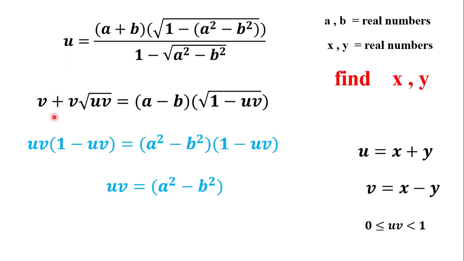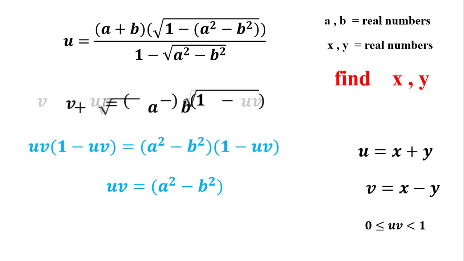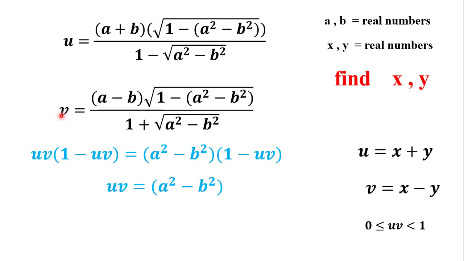In the same way, we are going to find the value of v. Now we have u and v, so in the next step we need to find the values of x and y.